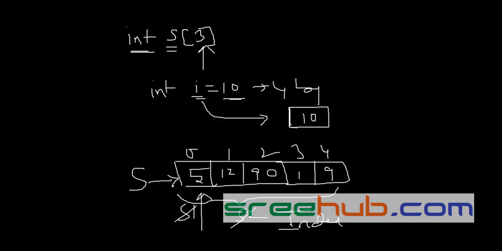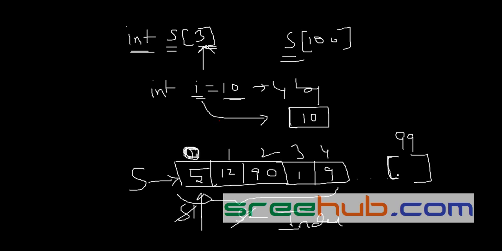Now we know that s of 100 goes on here, and the last item will be 99, am I right? Because if I am taking s of 3, the index value will start from 0. In the same way, if I take s of 100, a variable array of 100 items, it will start from 0 and go on, and the last item will be 99.